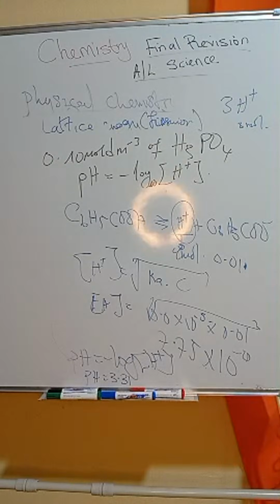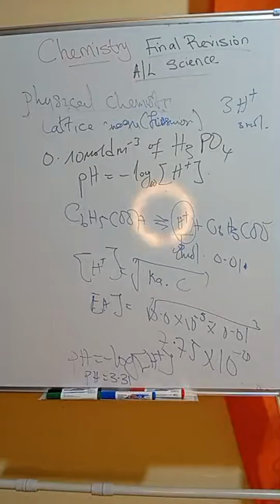Next question says: select from the elements sulfur, nitrogen, oxygen, hydrogen, copper, two elements that will form a compound involving at least a dative covalent bond. This is easy if you have studied your organic chemistry. If you take nitrogen and hydrogen, definitely you have what you want, because there will be a dative covalent bond in it.